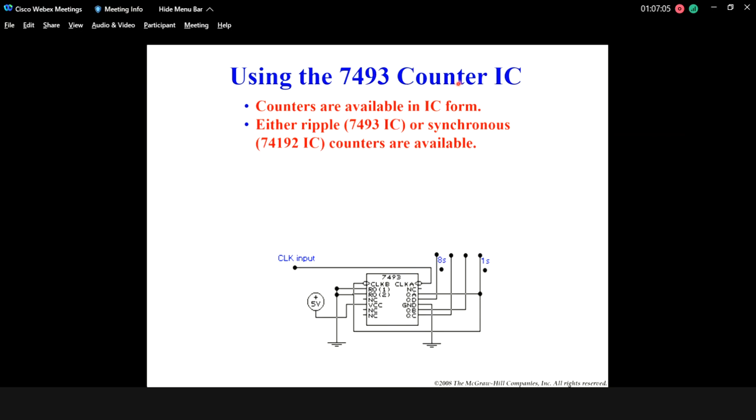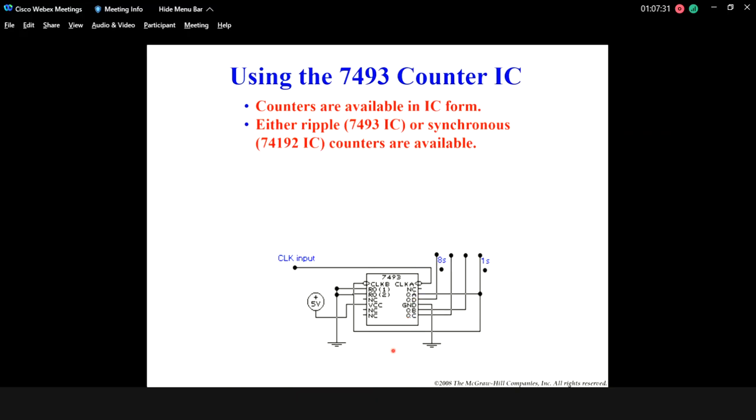the 7493 counter IC. From this, you have two clock inputs, clock input A and clock input B. NC means not connected. The IC has VCC as the input voltage and ground to power up.